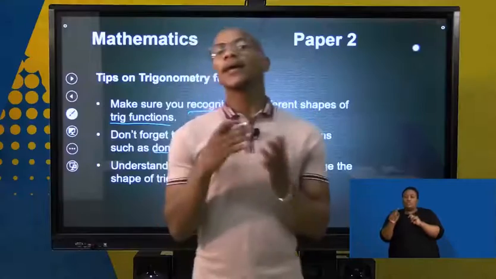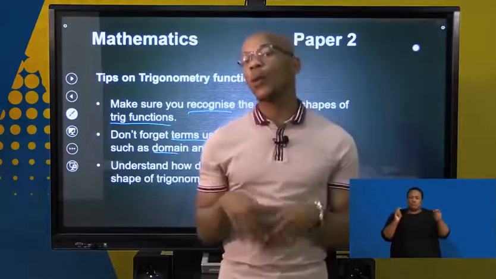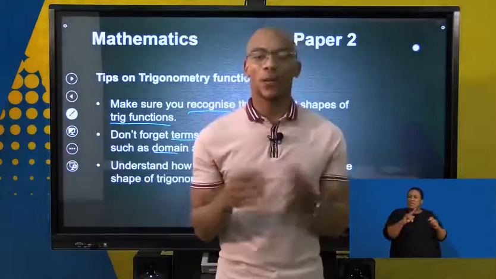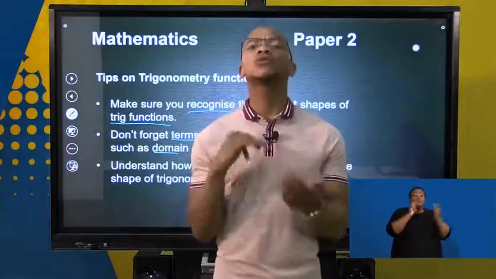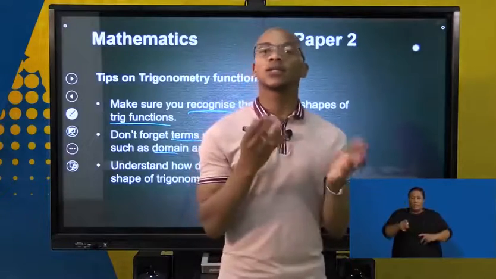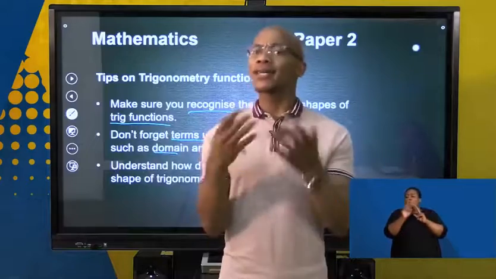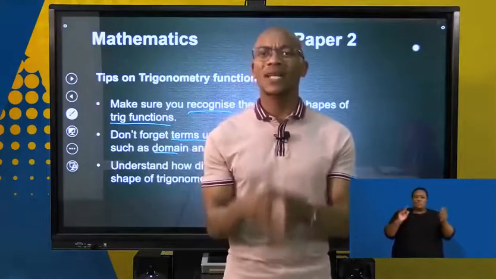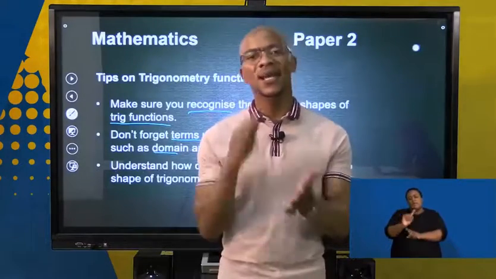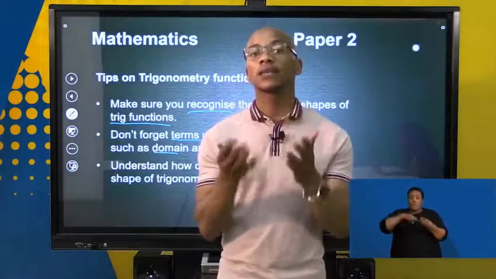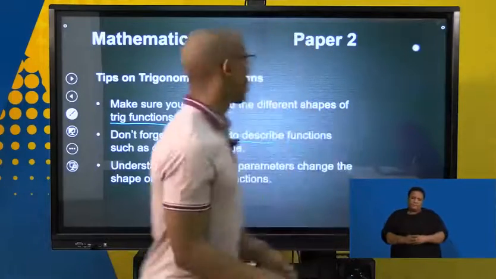What do we mean? If they say it is shifted 1 unit up, what does that mean? What does that change? You need to know those things. If it is shifted 30 units to the right or to the left, what does that mean? What does it change? What stays the same and what changes? So those are the things that we really mean that you need to look out for.